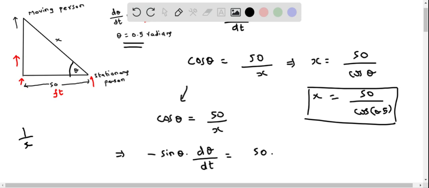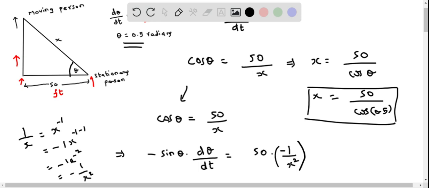So 1 by x can be considered as x to the power minus 1. So when we apply the power rule of differentiation, we get negative 1 times x raised to the power of negative 2. So this is simply equal to minus 1 by x squared. So I have minus 1 by x squared, and then I have to apply the chain rule to differentiate the x with respect to t. So therefore I get dx over dt.